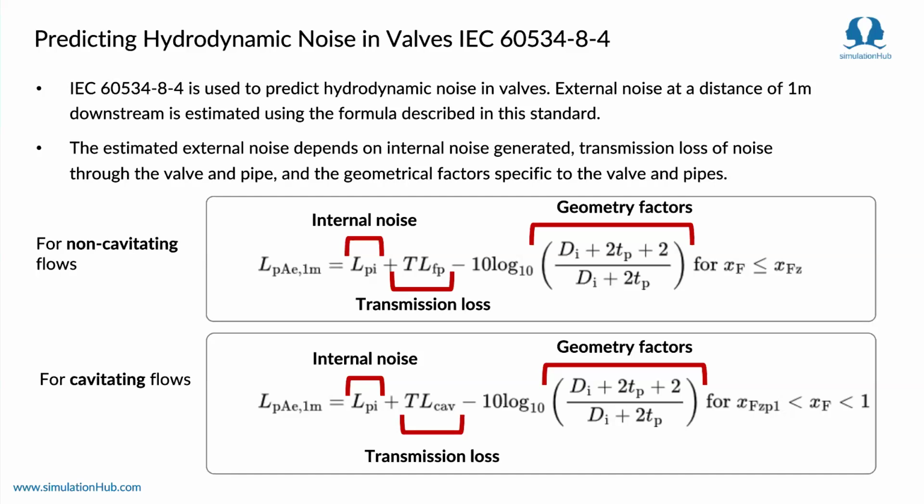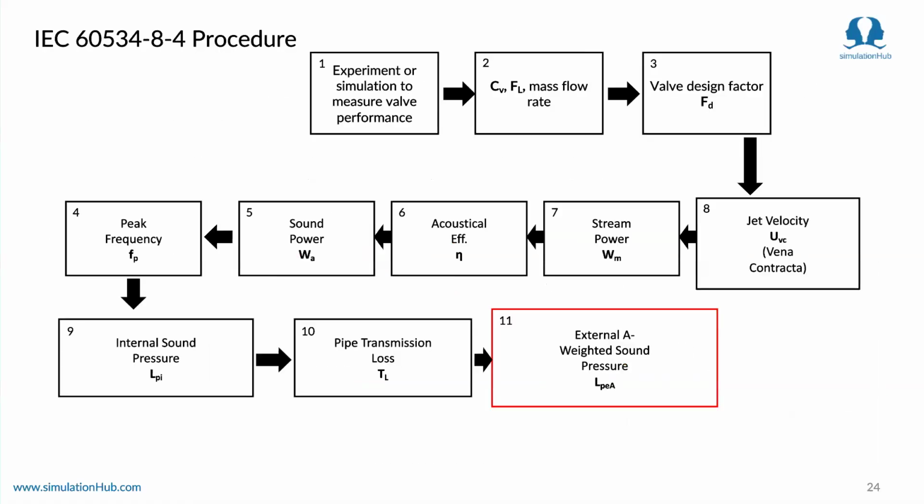It's also dependent on the geometrical factors. These are known to the valve manufacturer easily. The things that might not be so readily available to the manufacturer are the transmission loss and the internal noise. So we'll see how these equations from the IEC standards can be used to predict the hydrodynamic noise.